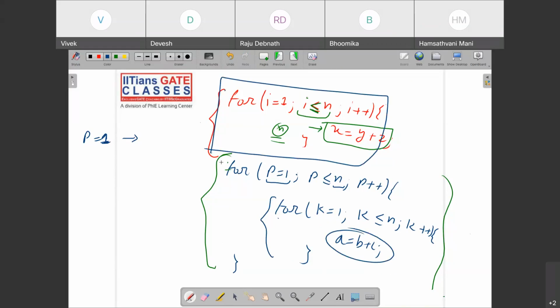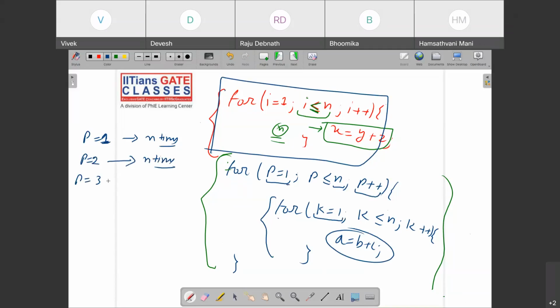The inside for loop is executing for n times, right? When p equal to 2, the inside for loop will again execute for n times. Why? Because when p is set to 2 after this p plus plus, this k will again be set to 1, okay? That is why this inside for loop will execute n times.